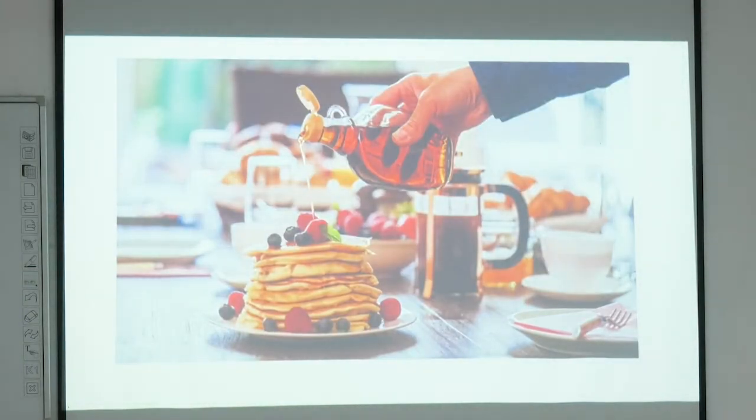So what is this thing? Now I am asking about this thing. Oh, that is a kind of food. I want the name of the food.